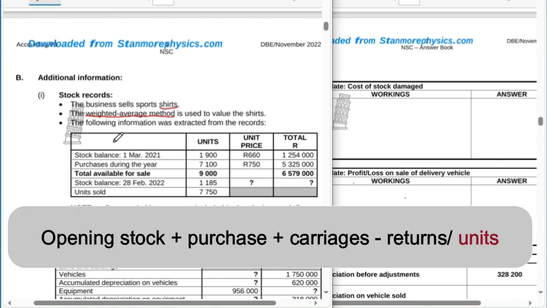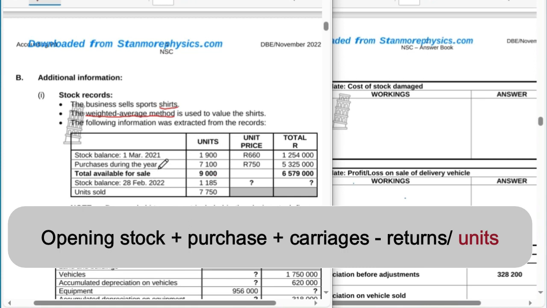So our formula for the weighted average method will be your opening stock amount plus purchases amount plus carriages amount, subtract returns, and then divided by their units: units for opening stock plus units for purchases, and also subtract units for returns.